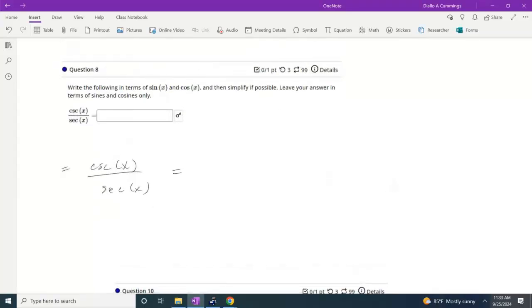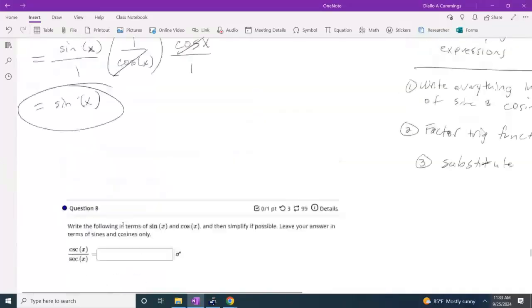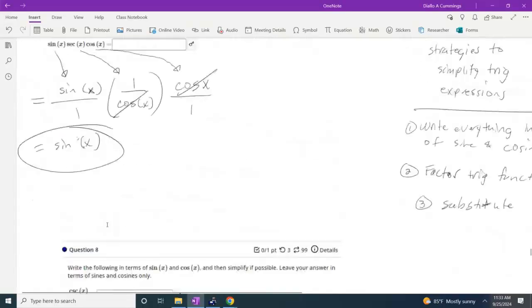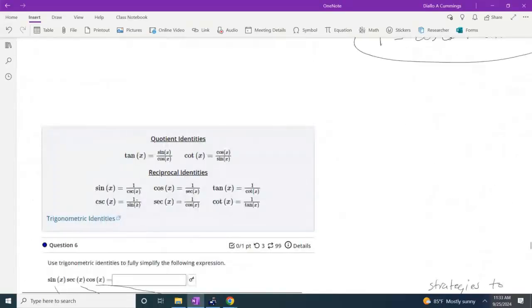All right, so the first thing I'm going to do is try to rewrite cosecant and secant in terms of sine and cosine. If I look back at my identities, I can rewrite cosecant as 1 divided by the sine.